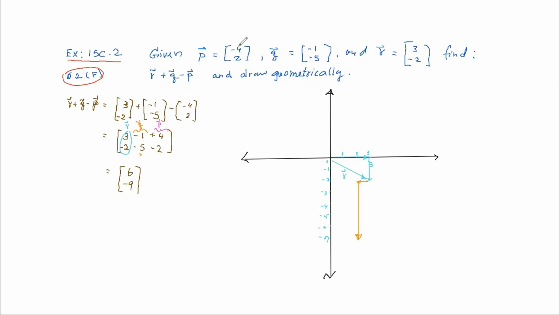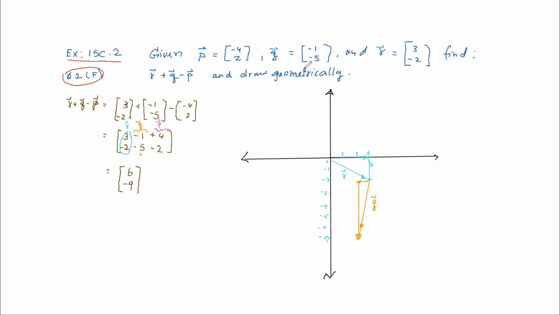Then we draw the direction for vector Q. So from this one, we end here. Now you label it with the arrow also, don't forget. This one must have an arrowhead. And this is the vector Q.